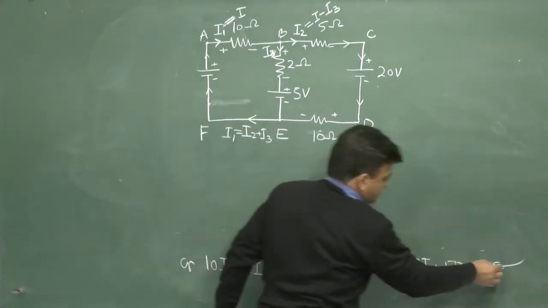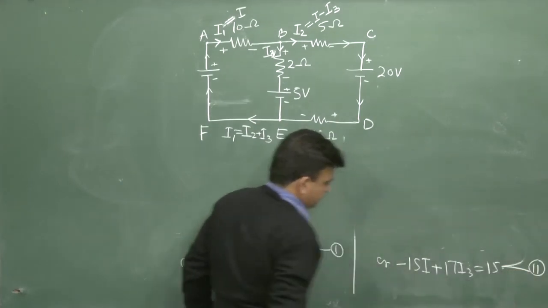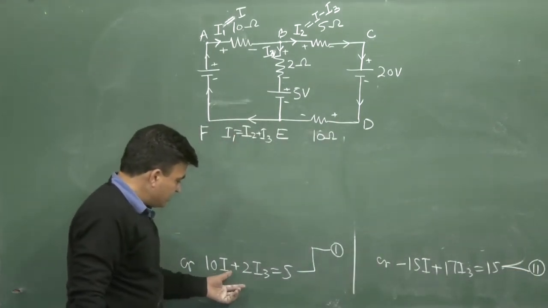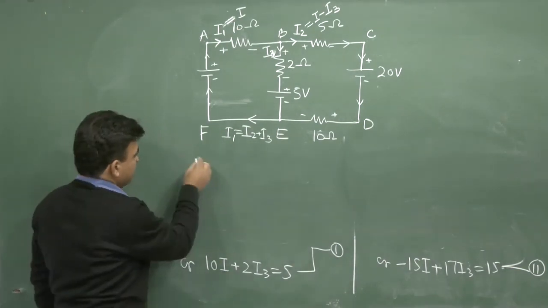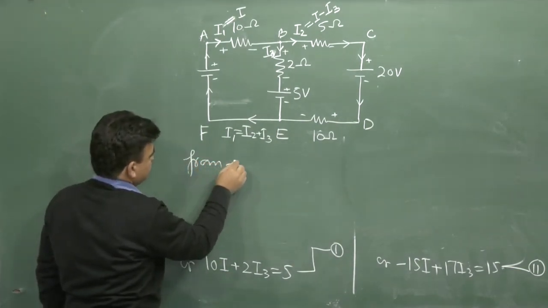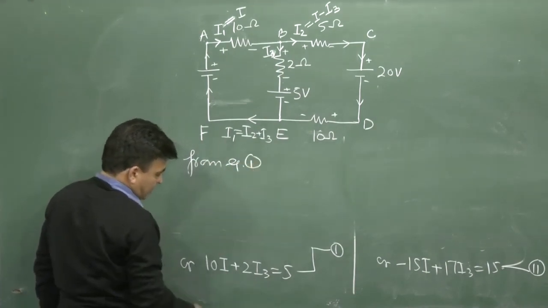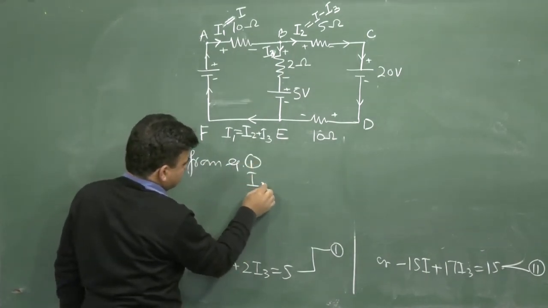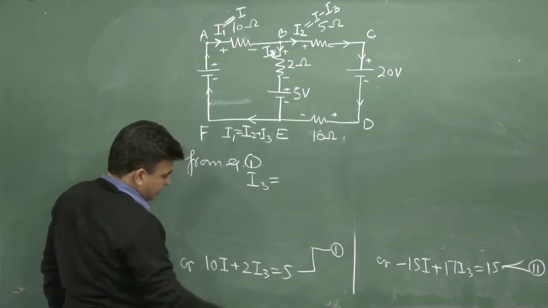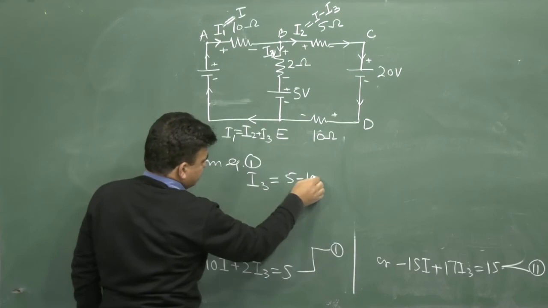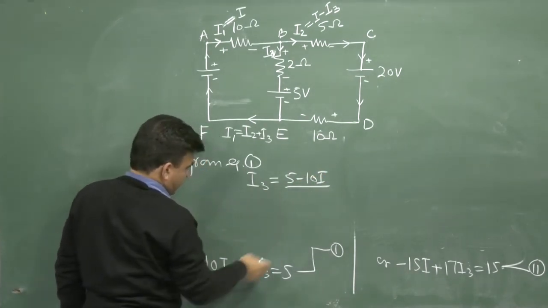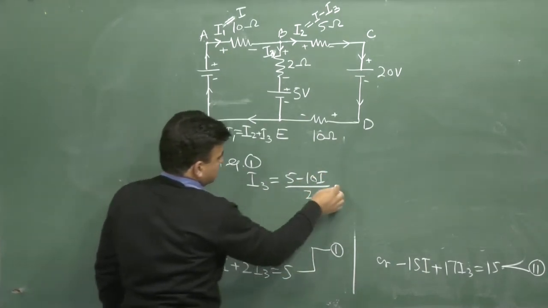Now from equations 1 and 2, let us get the value of I3 from equation 1. I3 can be written like this: 5 minus 10I by 2. Let us call this the third.